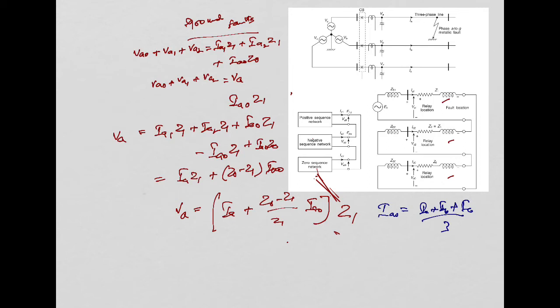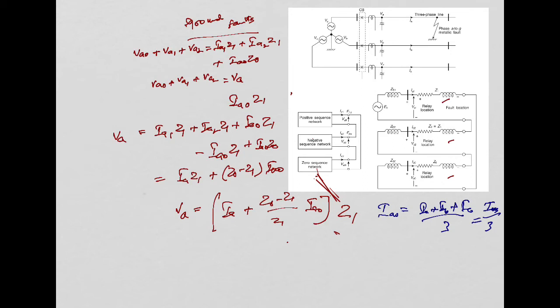Now let us suppose that IA plus IB plus IC equals I residual. Then in that case we have I residual divided by 3, where I residual is actually the residual current.